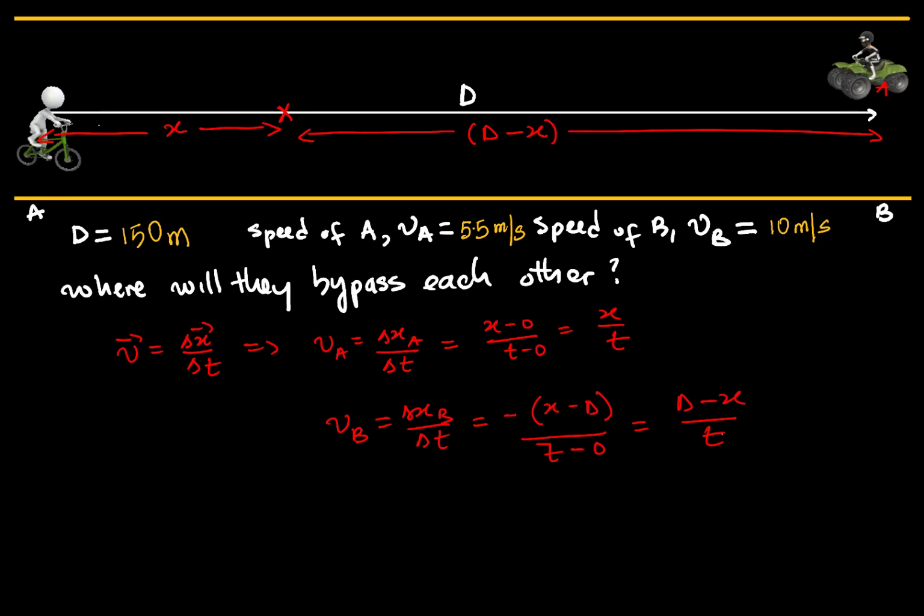So the question is, where will they bypass each other? It's a question of time. We need to calculate where, which is the question of, we need to calculate x. So what we can do is, from this equation, you see that x is equal to v of A multiplied by t. From this equation, you will see that d minus x is equal to v of B multiplied by t.